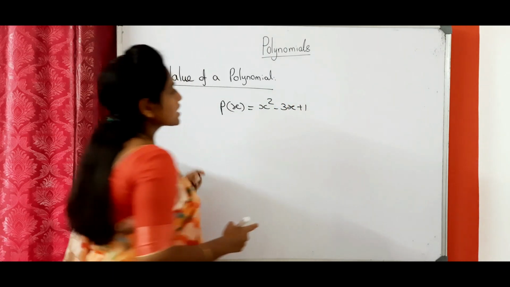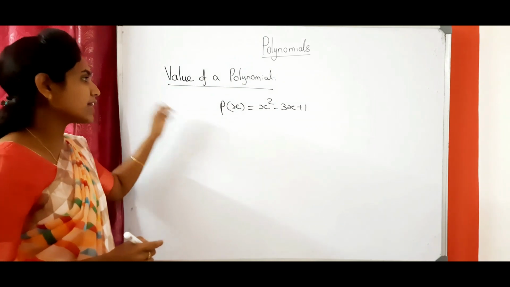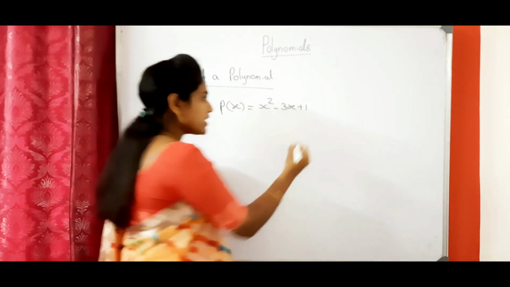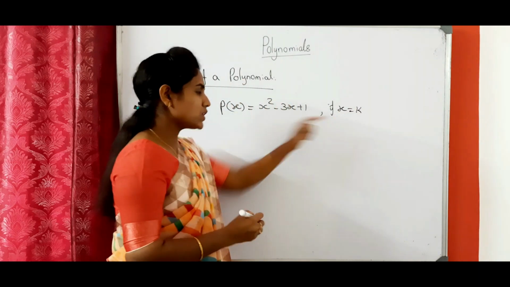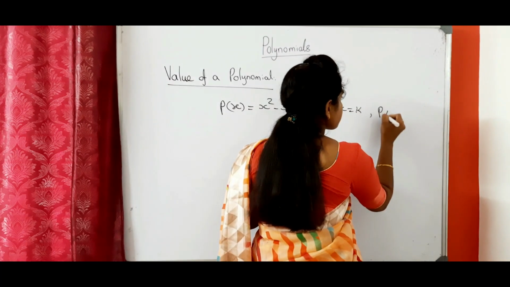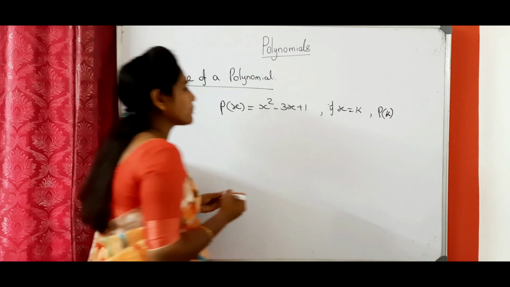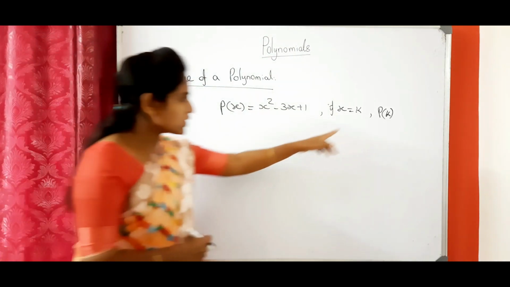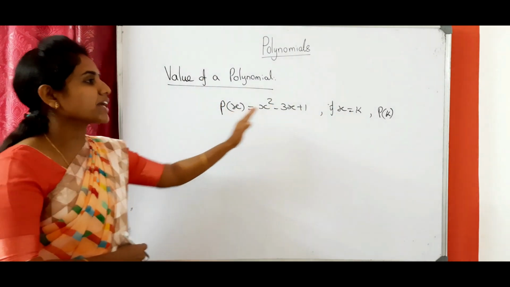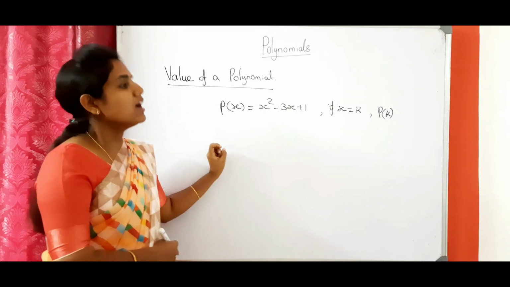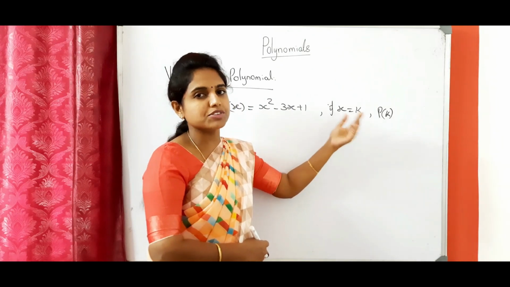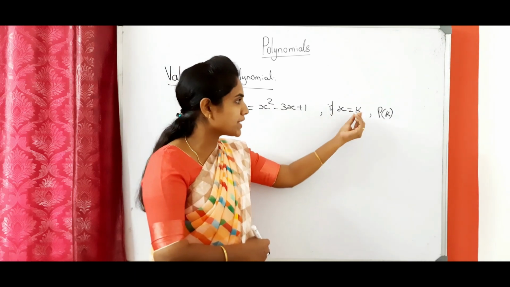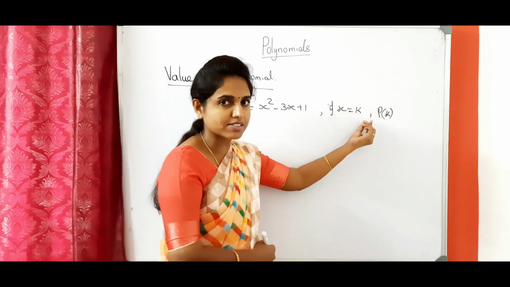This is the given polynomial. Here, how can we find the value? If x equals k, then we can say p of k is the value of the polynomial. K means what? A constant. We can give any number: 1, 2, 3, minus 4, any number. K is a constant.